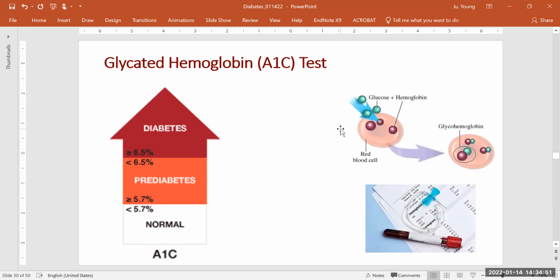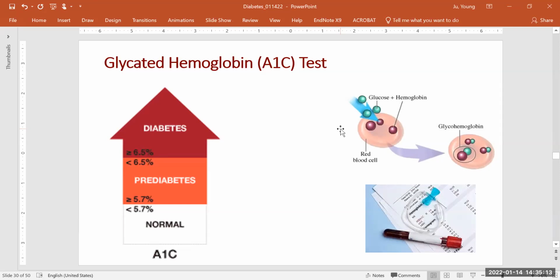Once glucose is bound to hemoglobin, it stays in bound form while red blood cells are alive. Normal red blood cells live about 120 days. So this blood test indicates the average blood glucose level for the past 3 to 4 months.